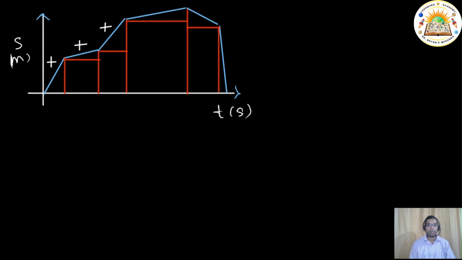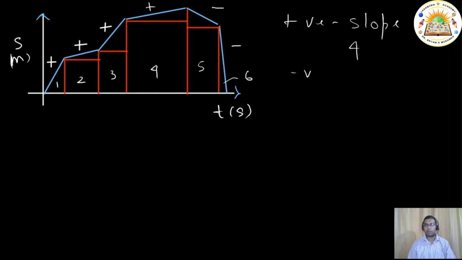If I label this as 1, 2, 3, 4, 5, and this has 6 segments, the fourth one will also be positive. But we've already seen that when it has a slope or an angle greater than 90 degrees with respect to the time axis, the slope is going to be negative. So I get 4 positive slopes here and negative slopes are 2.